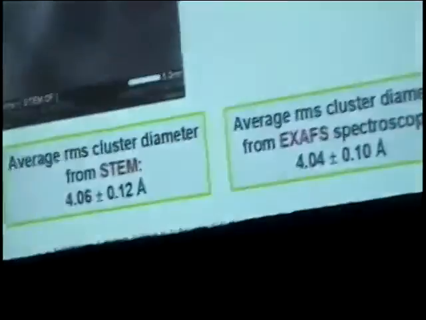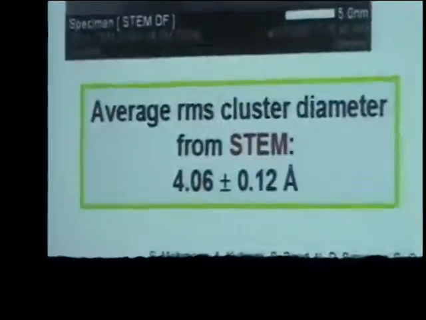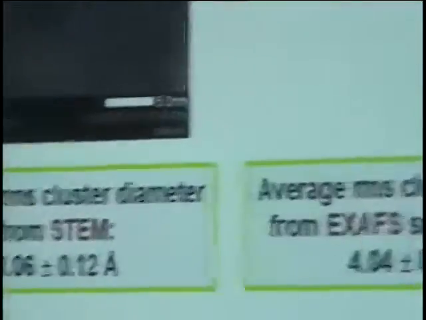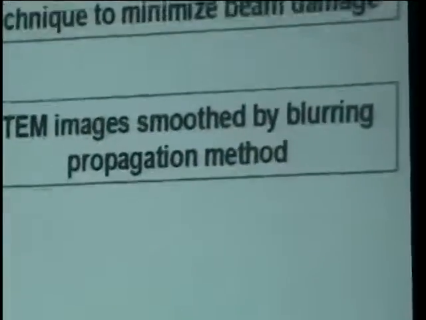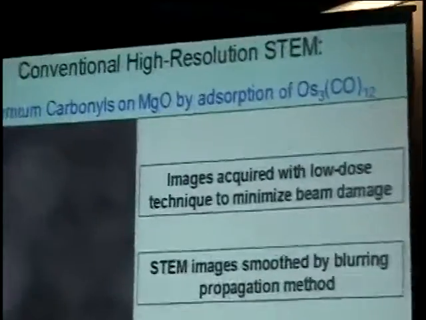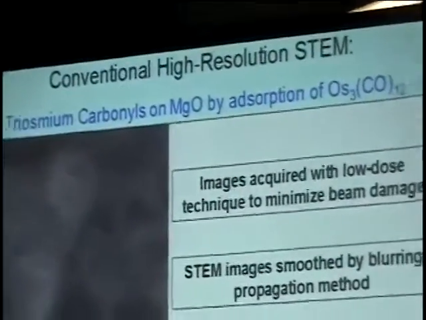You can't see the bottom, it's cut off a little bit. But a few years ago, we did some conventional high-resolution electron microscopy, scanning transmission electron microscopy, to characterize what we made by adsorbing the triosmium clusters on MgO. And I'll come to the details of that, but the cluster frame remains intact.